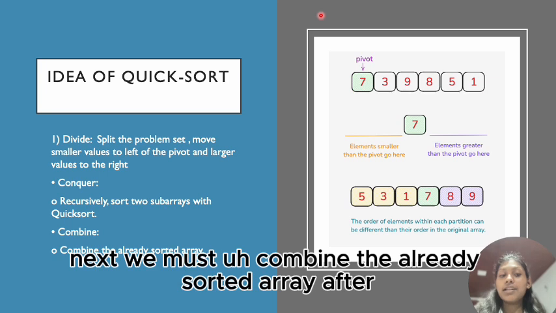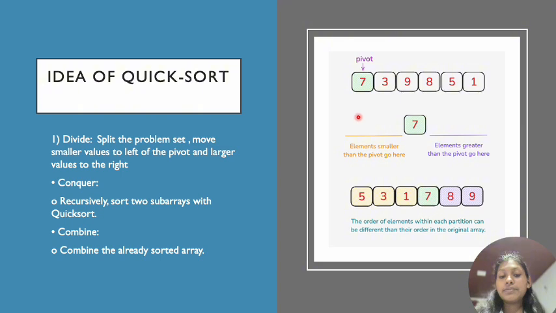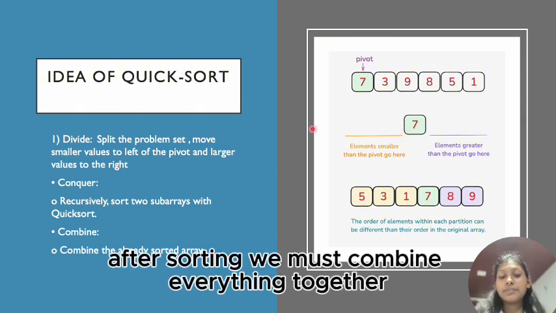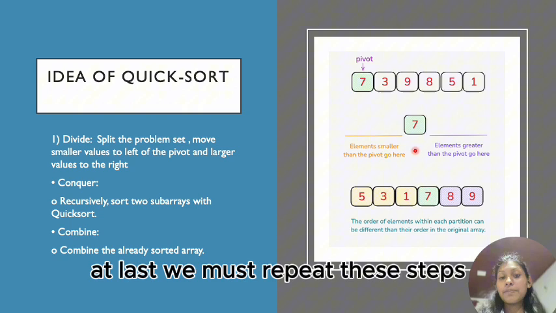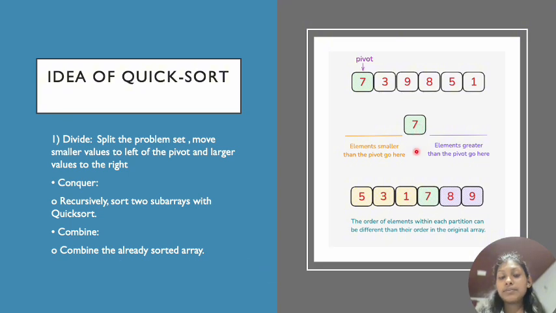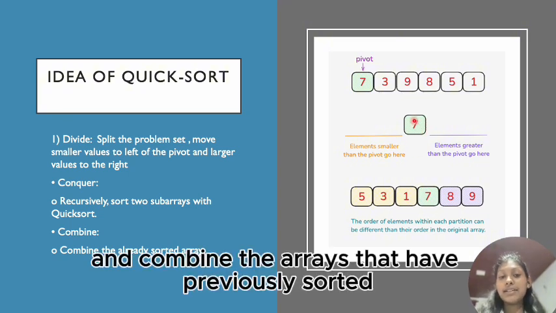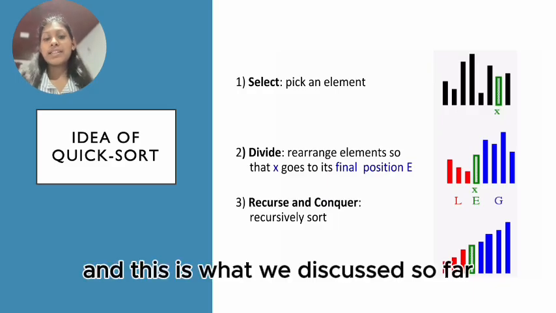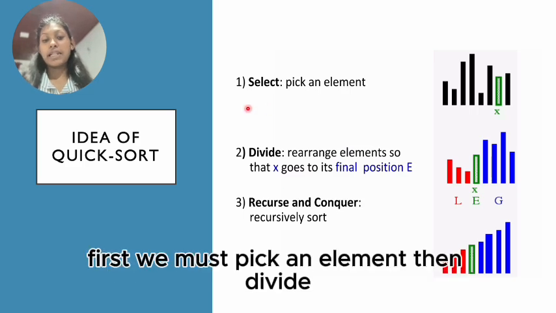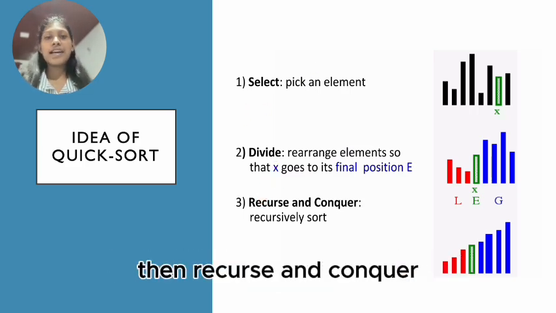Next, we must combine the already sorted arrays. After sorting, we combine everything together. At last, we repeat these steps and combine the arrays that have previously been sorted. This is what we discussed so far: first pick an element, then divide, then recurse and conquer.